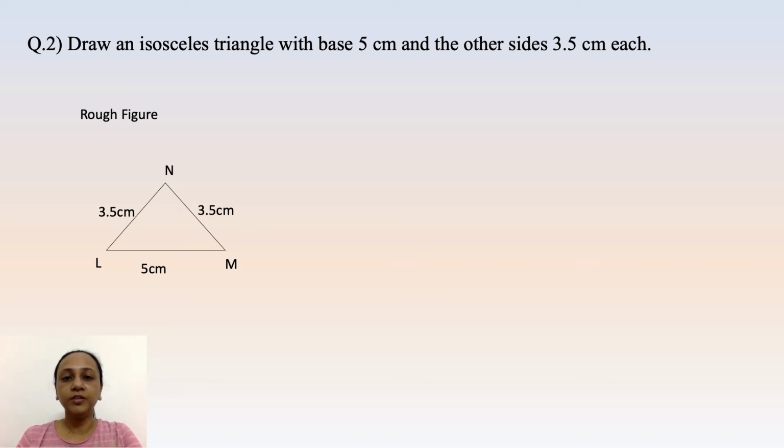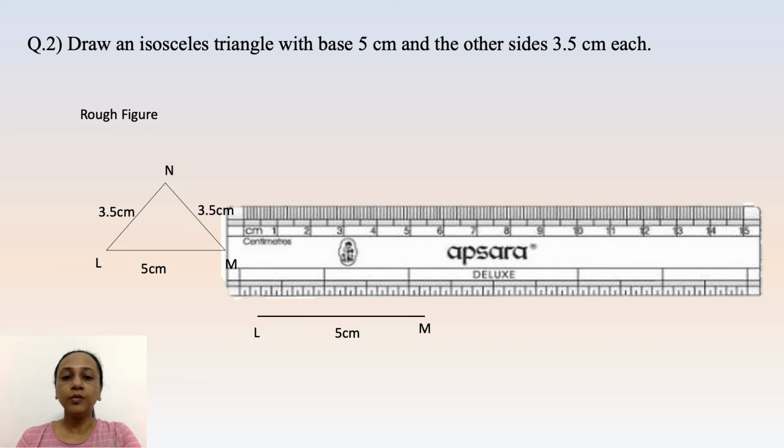According to the rough figure, first draw baseline that is 5 cm. Write down the name LM and measure 5 cm. Now use compass to draw other two sides.